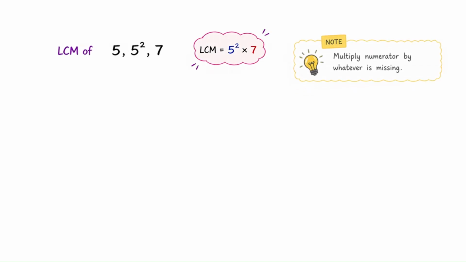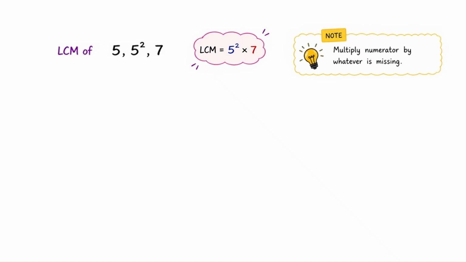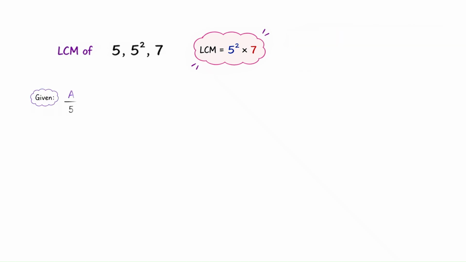Now coming back to our example. Once the LCM is found, compare each denominator with the LCM and ask, what is missing? Then multiply the numerator by those missing values. Take the first fraction, a divided by 5. The LCM is 5 square into 7. So one more 5 and one 7 are missing.